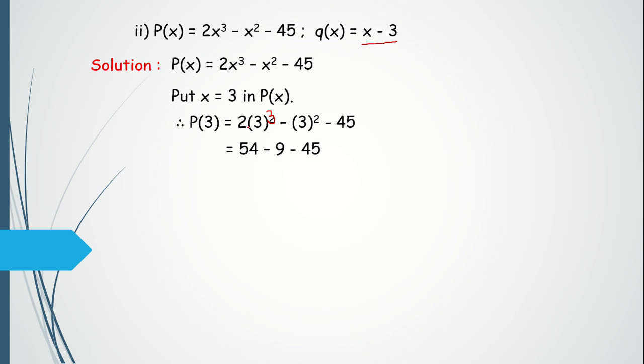So 27 into 2 is 54, minus 9 minus 45. So 54 minus 54 is 0.